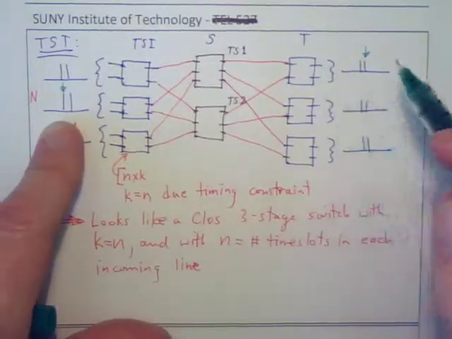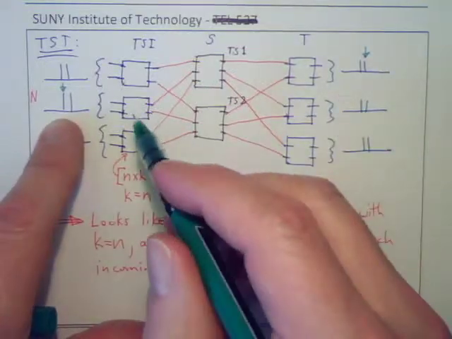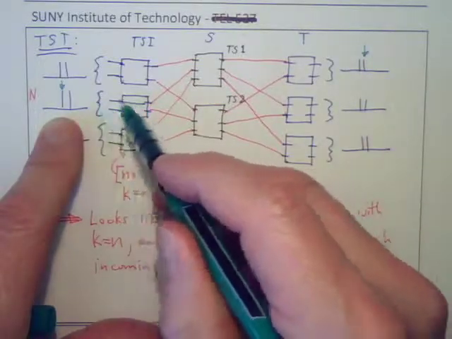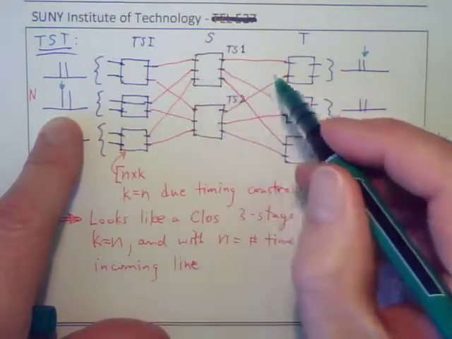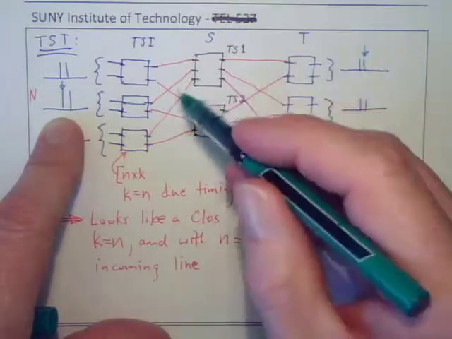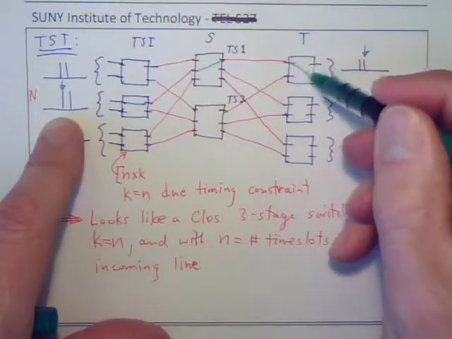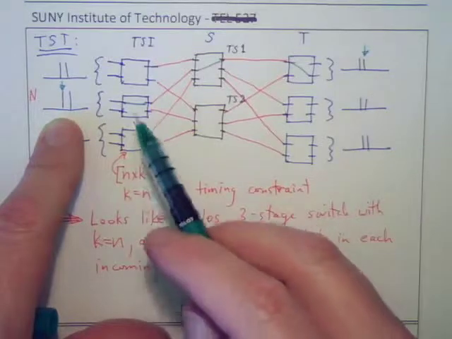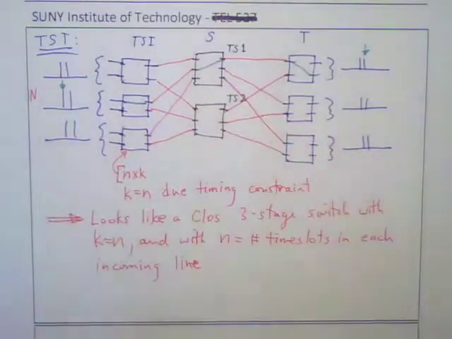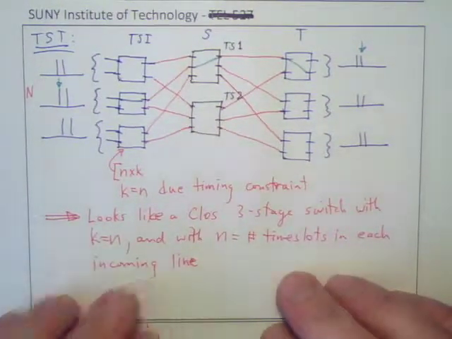We can figure out a way of setting up these switches to perform that mapping, and we could do something like this. There's an example of that mapping, and there are many ways of doing it. So that's a quick review of the TST switch configurations.